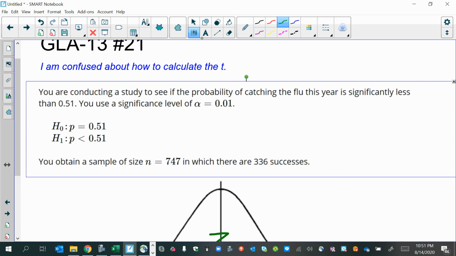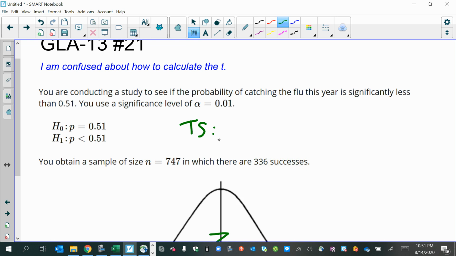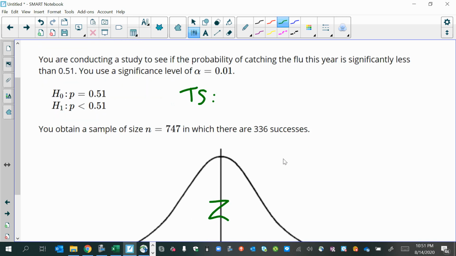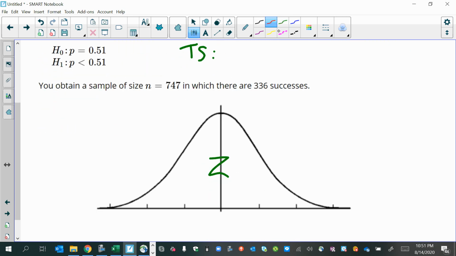So the test statistic, what is it? What is a test statistic? Well, it's where you take your sample statistic and you turn it into something that can be compared to the critical value. So for this problem, our critical value for this left-tailed test would be to the left of 0 on the z-score scale, somewhere over here, a negative critical value that is a z-score.